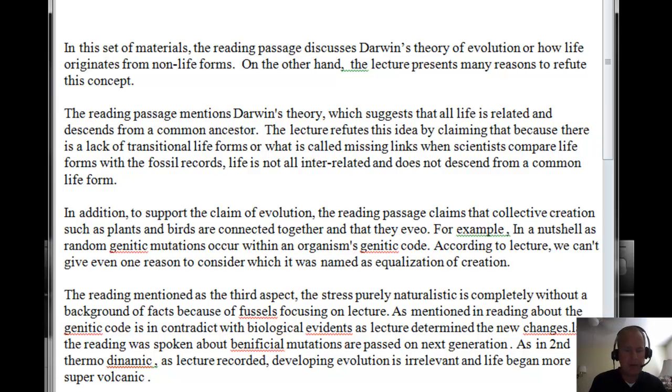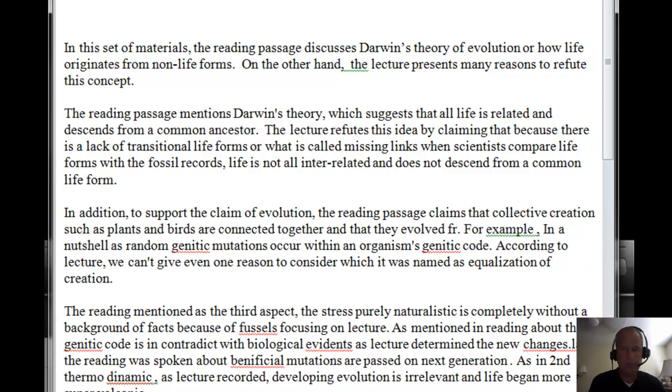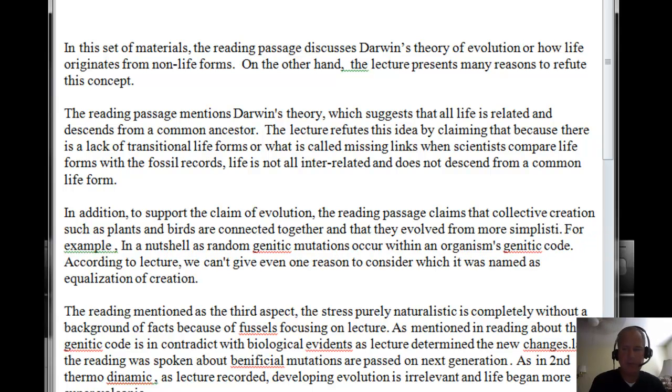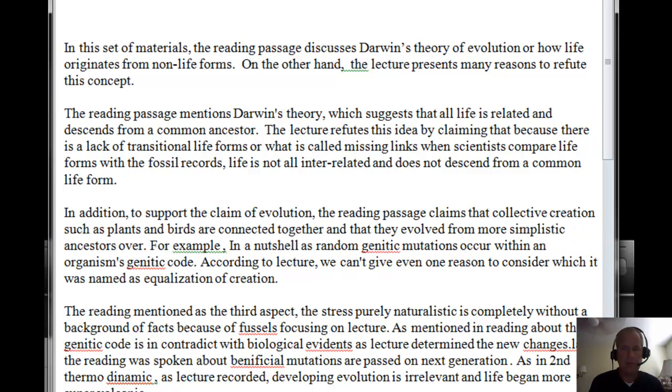That they evolved from more simplistic ancestors over time.